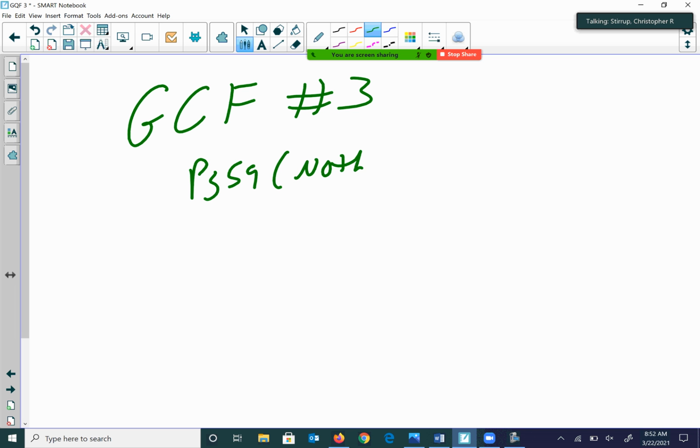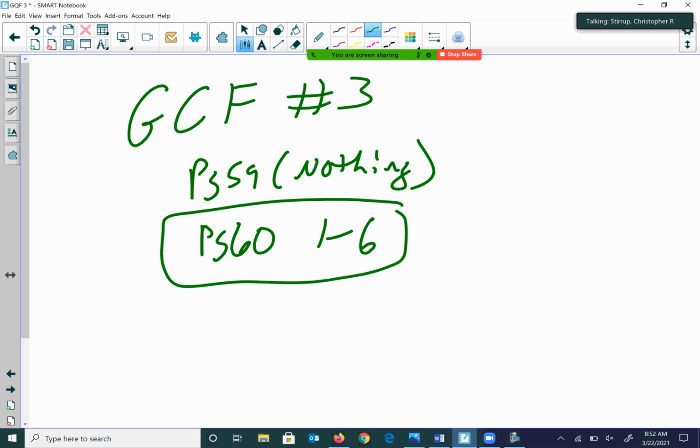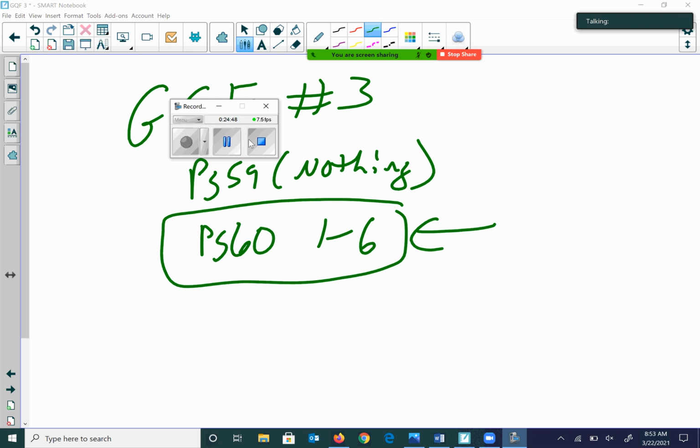Don't do anything on it because it's not there. But on page 60, there looks like there's problems 1 through 6. So that's all you have to do. I'm not going to give you the extra problems on the first one, but that's what your homework will be for. That I'll check off on Tuesday or Wednesday. Sound all right? Do we have any questions about what I've done so far?